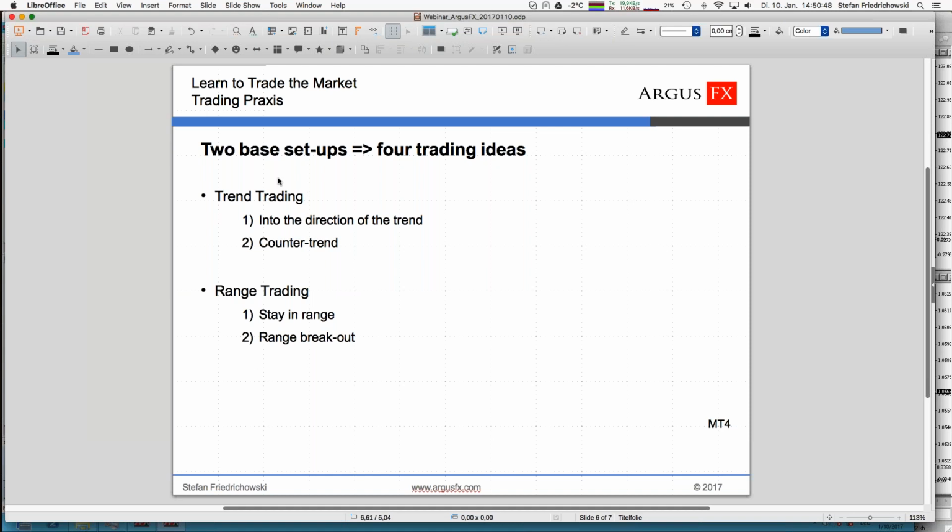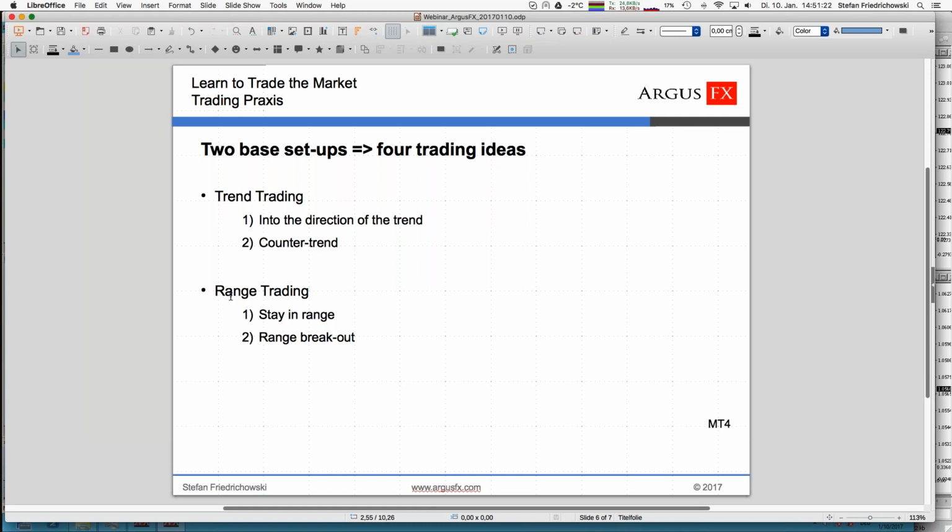And the 2 overall classes are trend trading, so trade the trend. And the other one is, because we will see that quite often, that we have ranges within our charts, and that I call range trading. Within those 2 overall setups, we have, in both cases, 2 ways how to trade that setup.